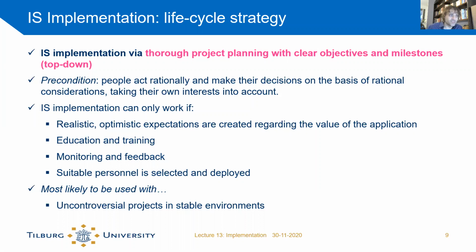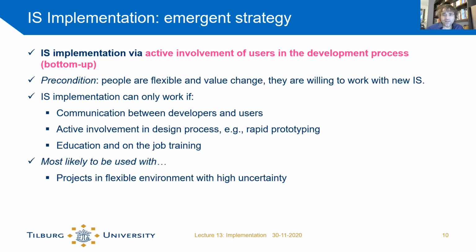So you select experts who deploy the innovation or technology in the organization. So this is one implementation strategy. And this is the most rational one. But this one, of course, doesn't always work. I'll tell you why later. So this is the second one.